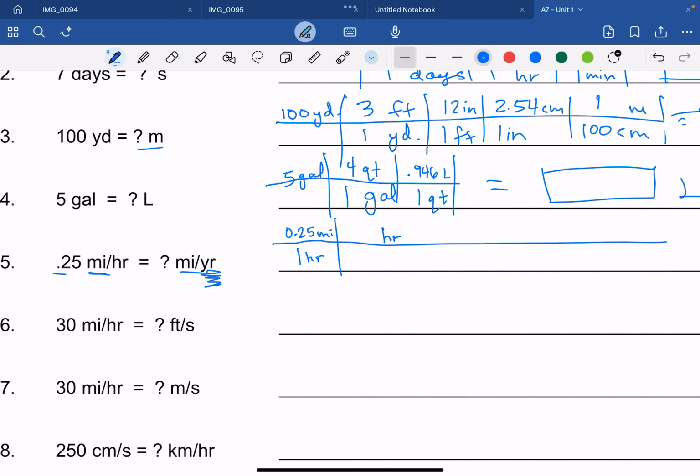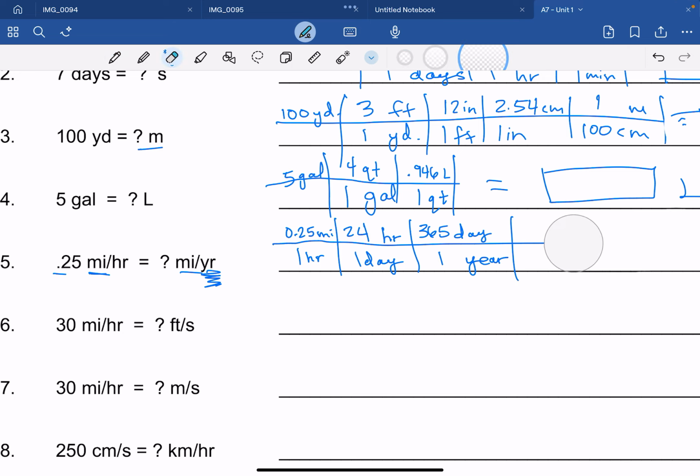But let's get bigger. Something bigger than hours. Well, there are 24 hours in one day. Could do that. And then day. Do we know how many days are in a year? We do. 365, 1 year. And that is where you would end.